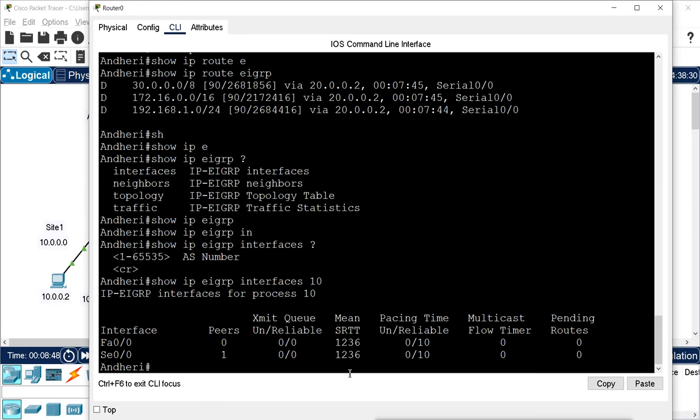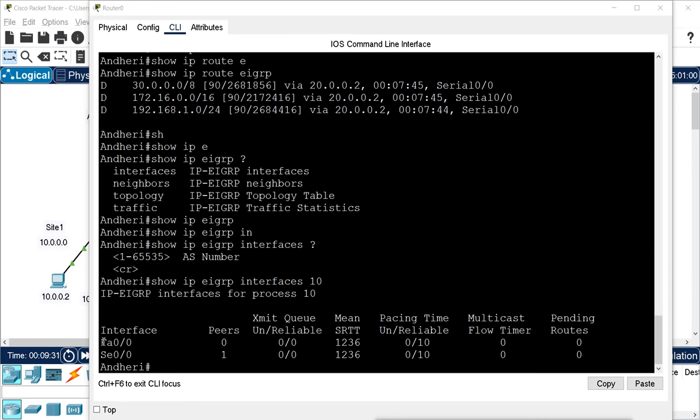Now it shows the information about the interfaces. Status of the interface, which interface is reliable, unreliable, flow time, pending routes, if it has. It shows whether it is sending or not sending, pending routes, so it shows all those.